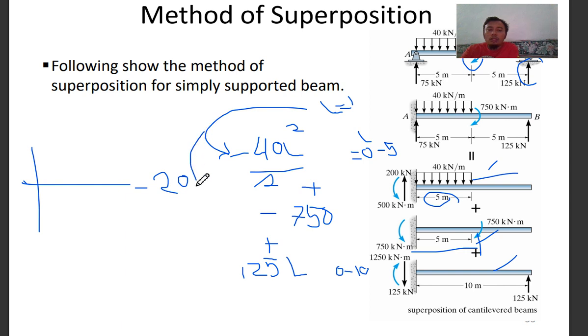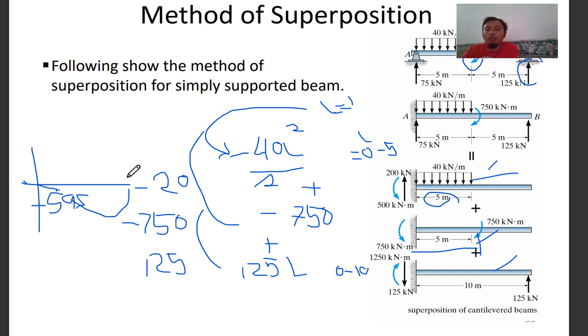This will be the same 750. This one will be 1 to 5 positive. So minus, I think you get like 595 negative. So x equal to 1 is negative. Then you can plot your graph.